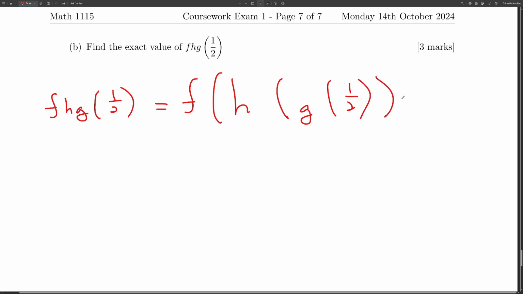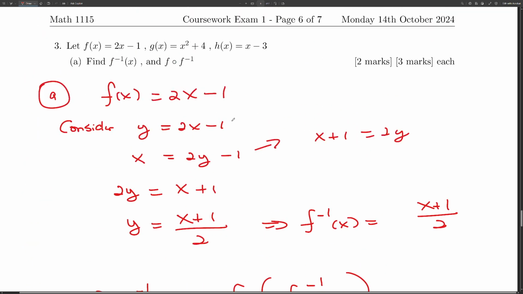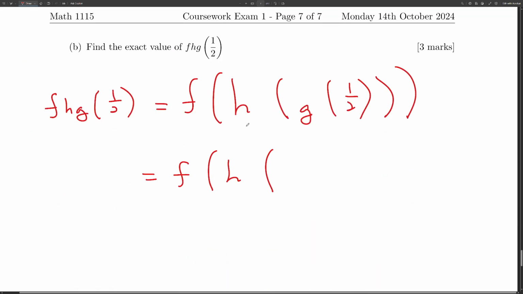Close the half, close the g, and close the h. So this becomes f composed with h composed with whatever g is. I forgot, let's go back up. g is x squared plus 4, so wherever you have x squared, you put your half. So a half squared plus 4. Close this bracket and then close the bracket for h.